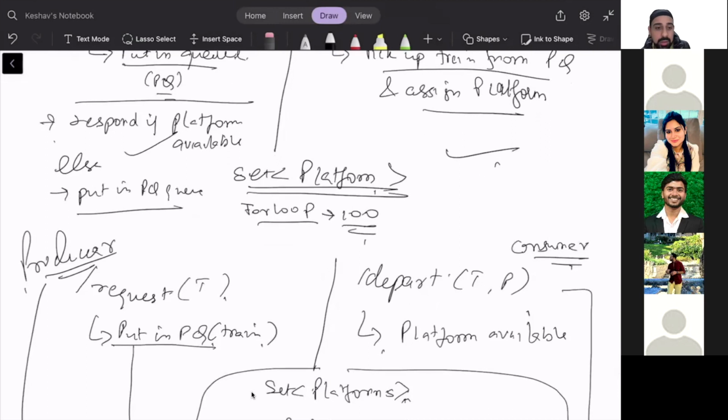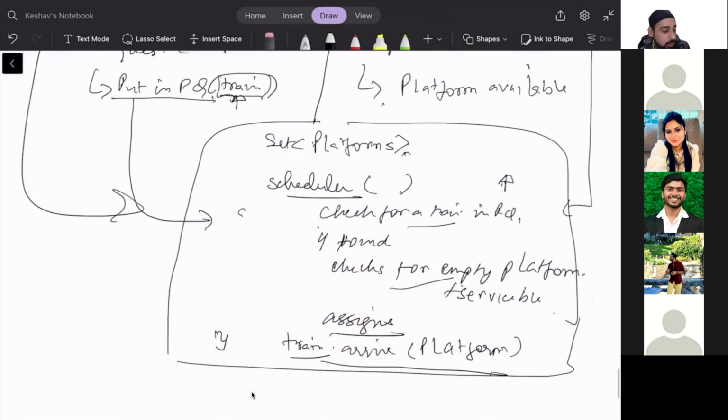What you are putting in the priority queue is a train object, and when you extract this train object, there are multiple ways to do it. I'm just saying how I would have done it, in a simpler manner. Now you know that you have a train and you have a platform.